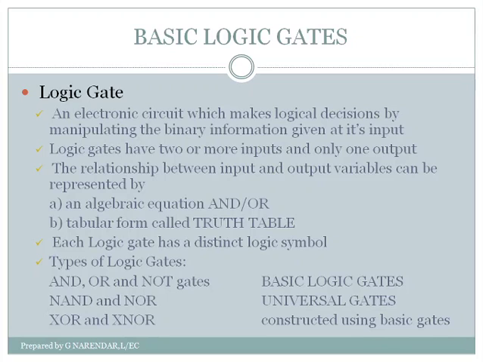The relation between these inputs and output can be expressed by using an equation called an algebraic equation or Boolean equation, and it can also be expressed in the form of a table called a truth table, where the truth table lists all possible combinations of the input and the corresponding output produced by the logic gate or the logic circuit.